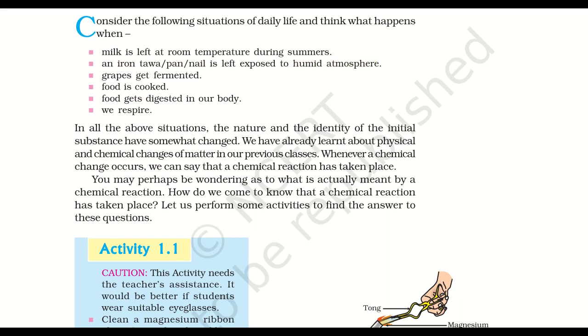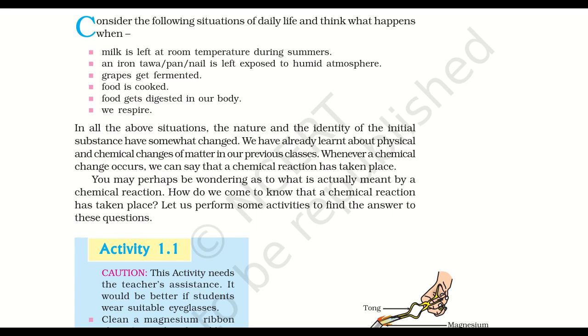The grapes get fermented. The cooked food tastes better than raw food. The food in our body gets digested due to the digestive juices. When we respire, there is an exchange of oxygen gas and carbon dioxide gas in our lungs.